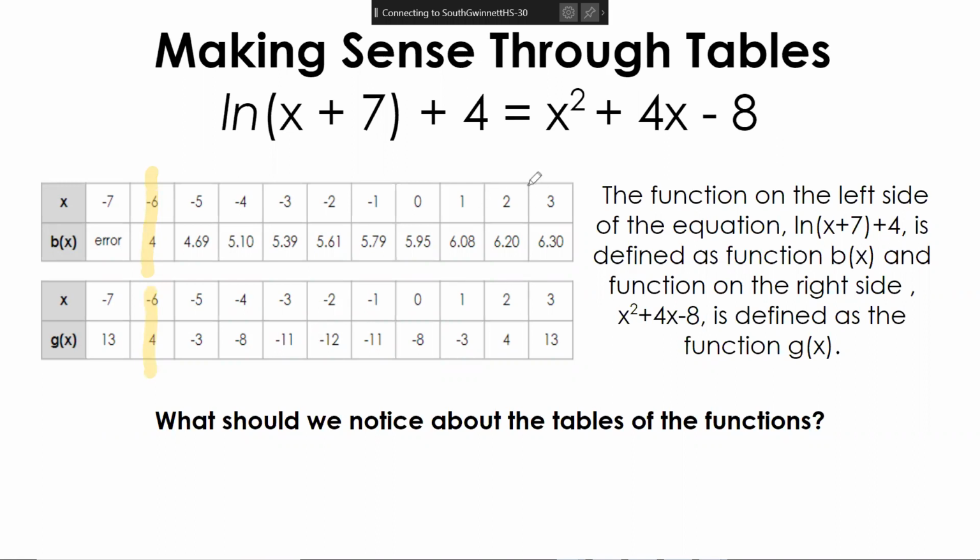And then looking at 2.269, which is roughly in between here, we could kind of see that these are going to be similar, because 2.269 would fall somewhere in here. But we see from the table exactly that at x equals -6, the y values are the same.